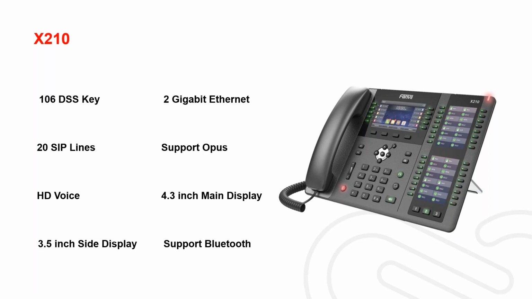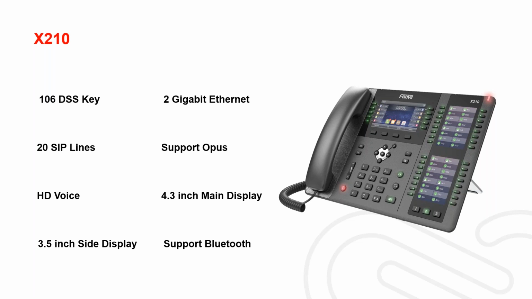It is not a physical and separate expansion console, but physical keys on the phone. So with the X210, you can get more keys available than the X7 and X7C, and you can use more physical keys directly. No need to switch pages.